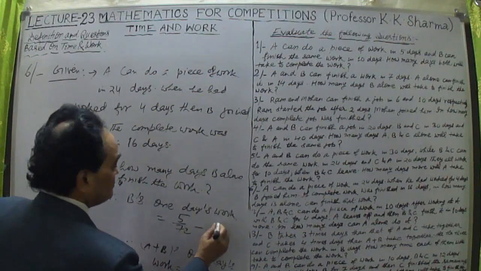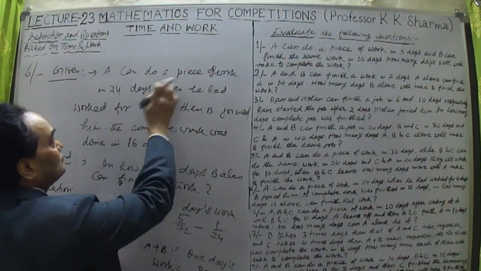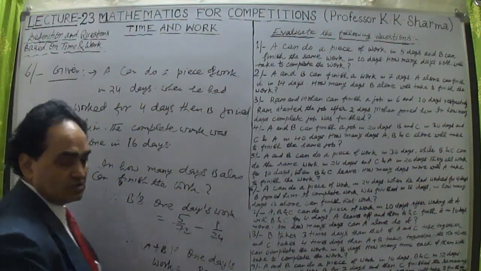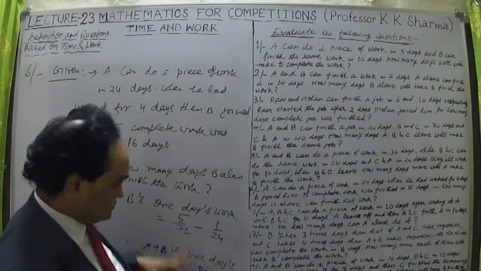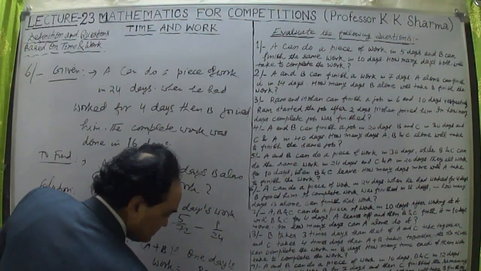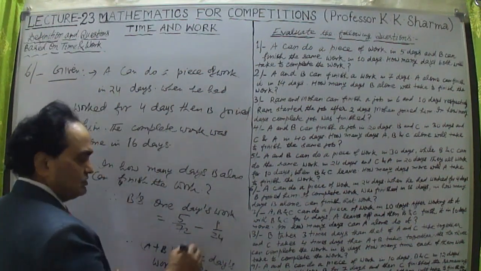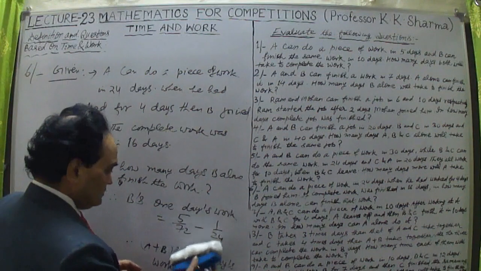What is A's work? A's 1 day's work is 1 by 24, because A alone can complete the work in 24 days. Both A and B's rate is this 5 by 72. This is the second equation.